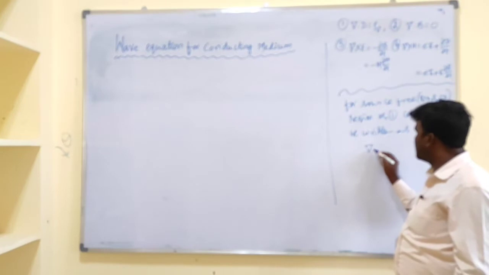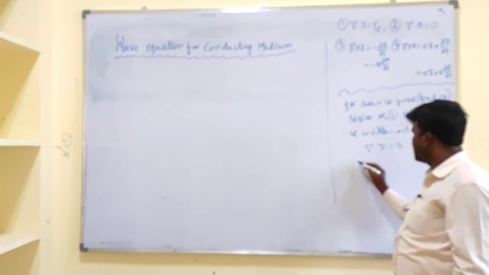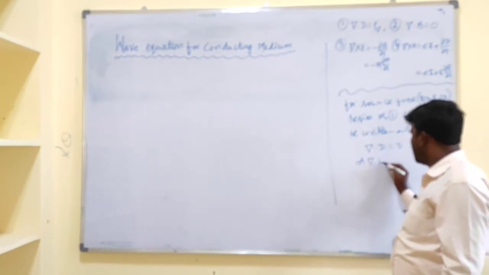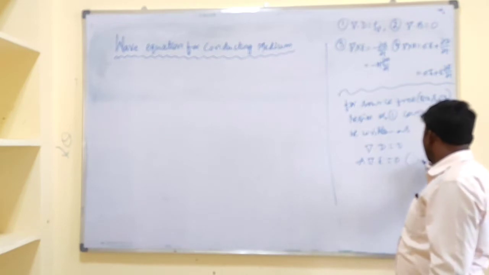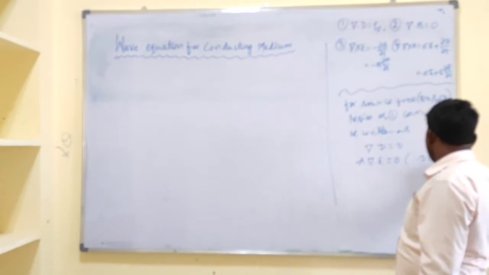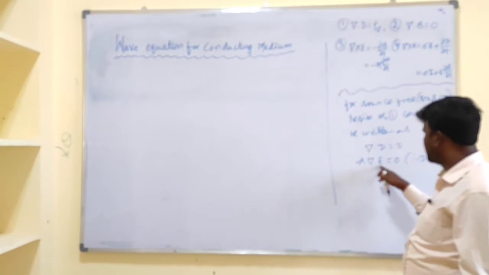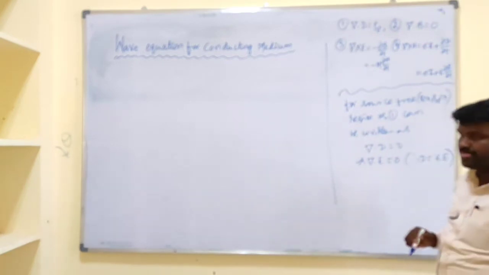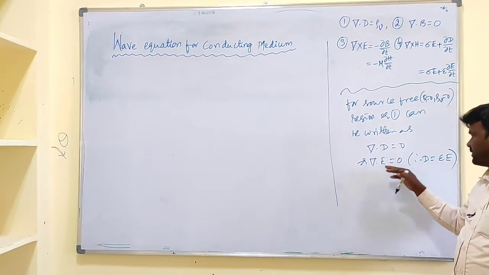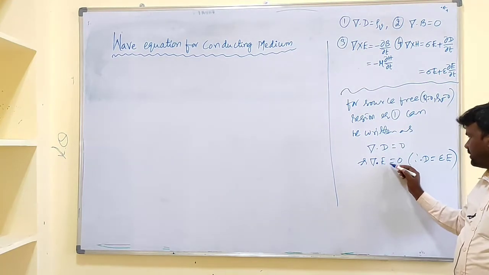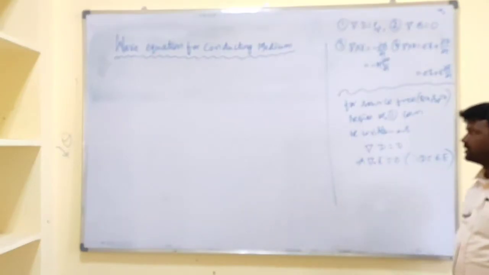So del dot D equal to 0. As del dot D equal to 0, del dot E is also 0, since D equals epsilon into E. For the homogeneous medium, epsilon is constant, so del dot E equals 0 by epsilon, that is 0.